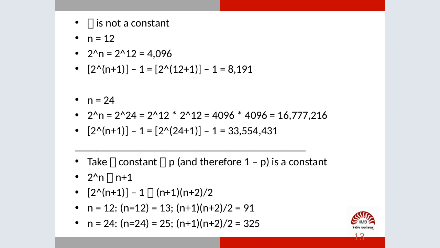Now, if I take sigma to be constant, which is what I did, what that will lead to is the fact that P and therefore 1 minus P will also be constant. When sigma is not constant, as I have it out there, P and therefore 1 minus P are not constant.